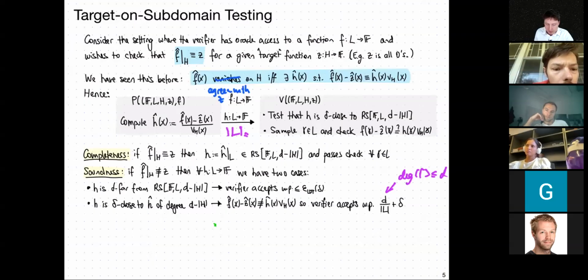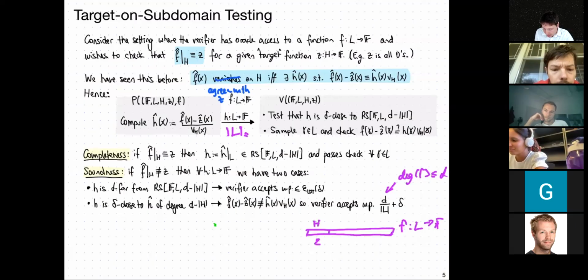Z was in not even L to the n, but in F to the n, okay? But that's fine. You should think that F is something big, that's over L. There is maybe some small domain H here, and Z is defined over that, right? And f will have some degree roughly like maybe d somewhere here.